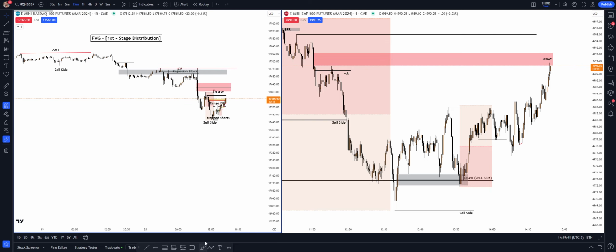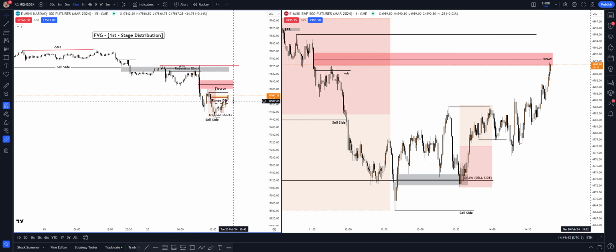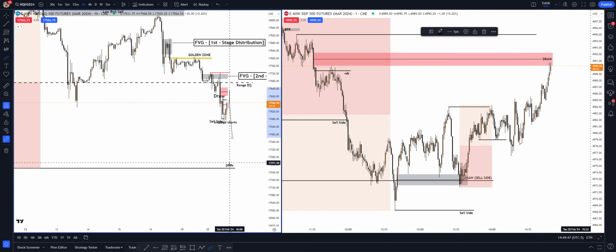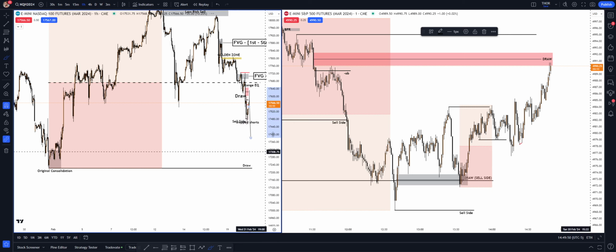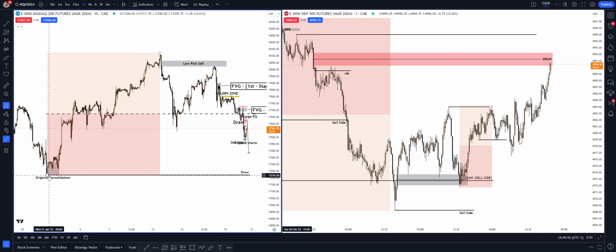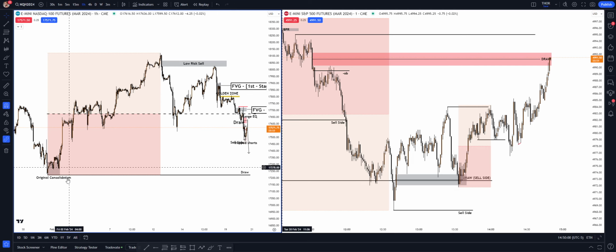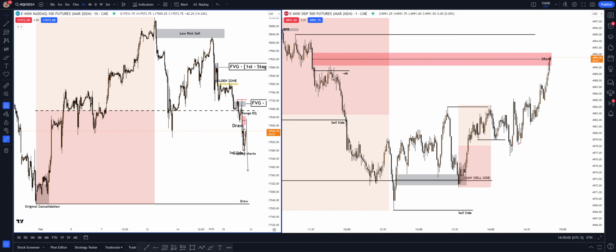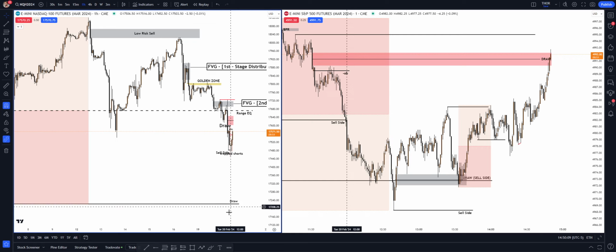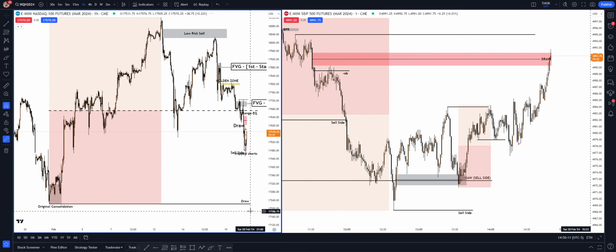Then later on, using that fair value gap to go lower into the actual drawn liquidity, which is this level right there, daily sell side. I want to see that acting as a drawn liquidity. So I would rather target that 9:30 high from today after the sell side is purged.